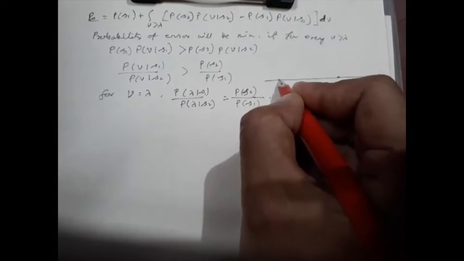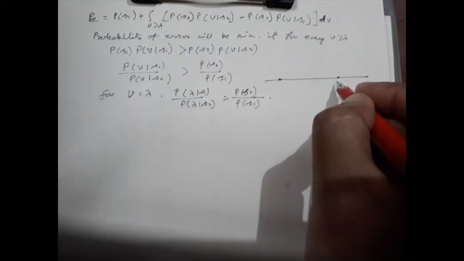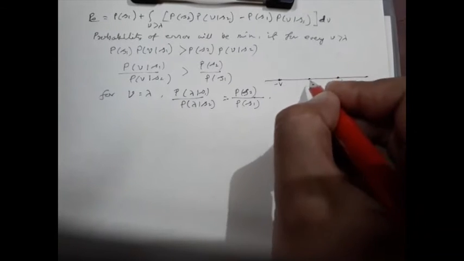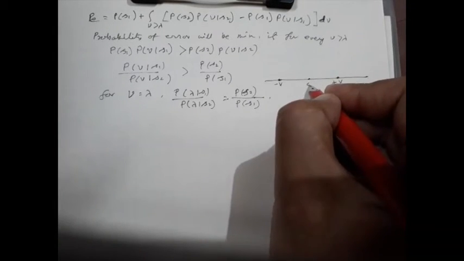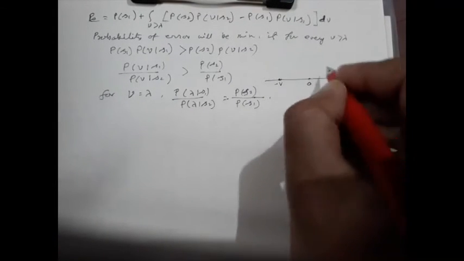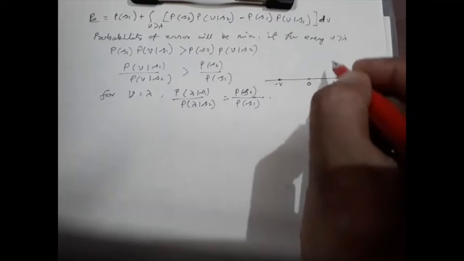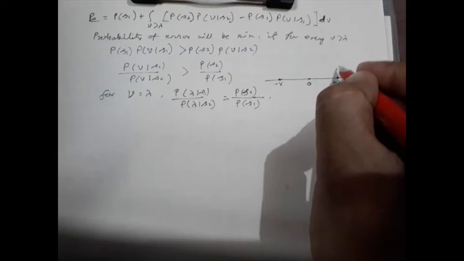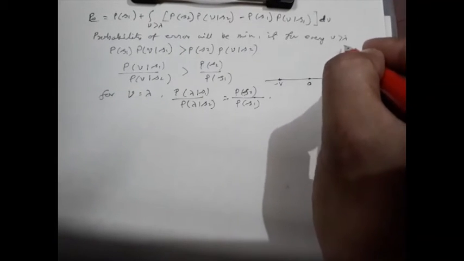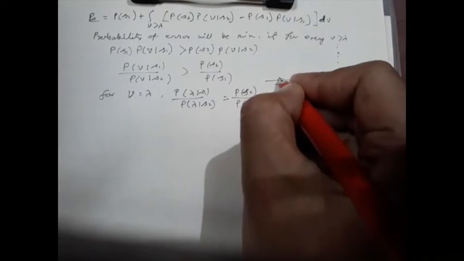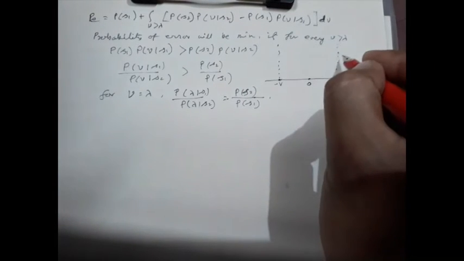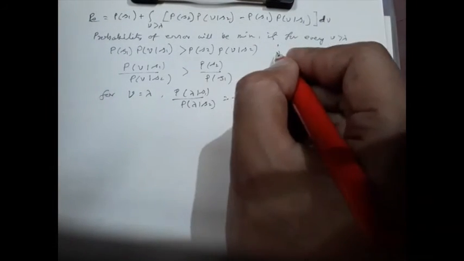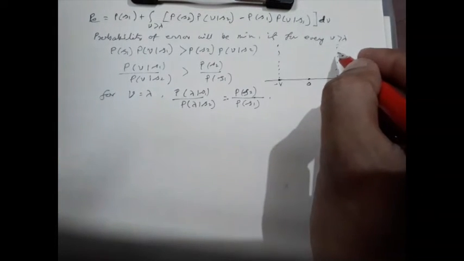These are the mean values for the two symbols. This one is for the S1 symbol, and this one is for the S2 symbol.